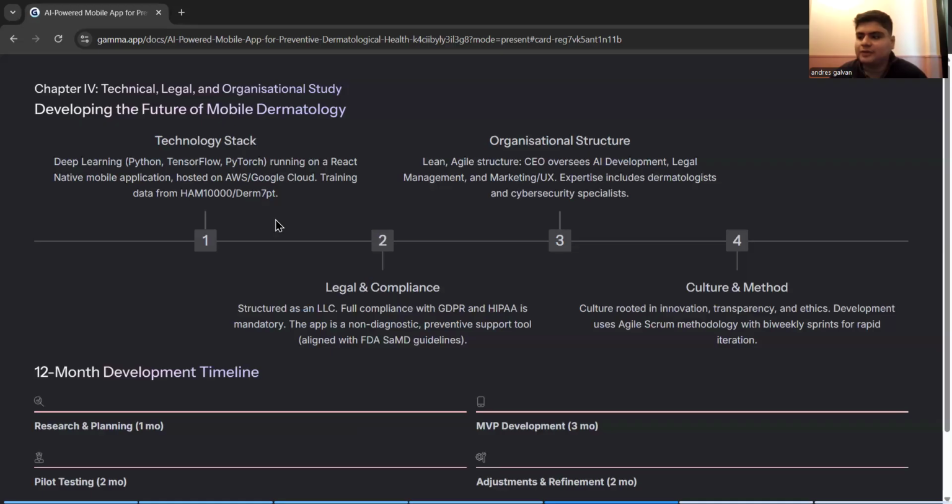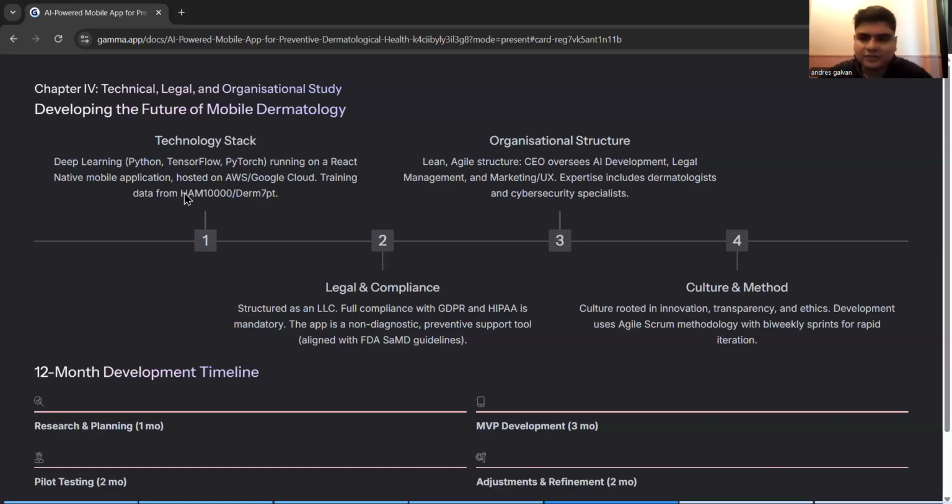Those are well-known frameworks that are used for artificial intelligence. On the user interface side, we will have React Native mobile applications that are hosted with Amazon Web Services or Google Cloud.